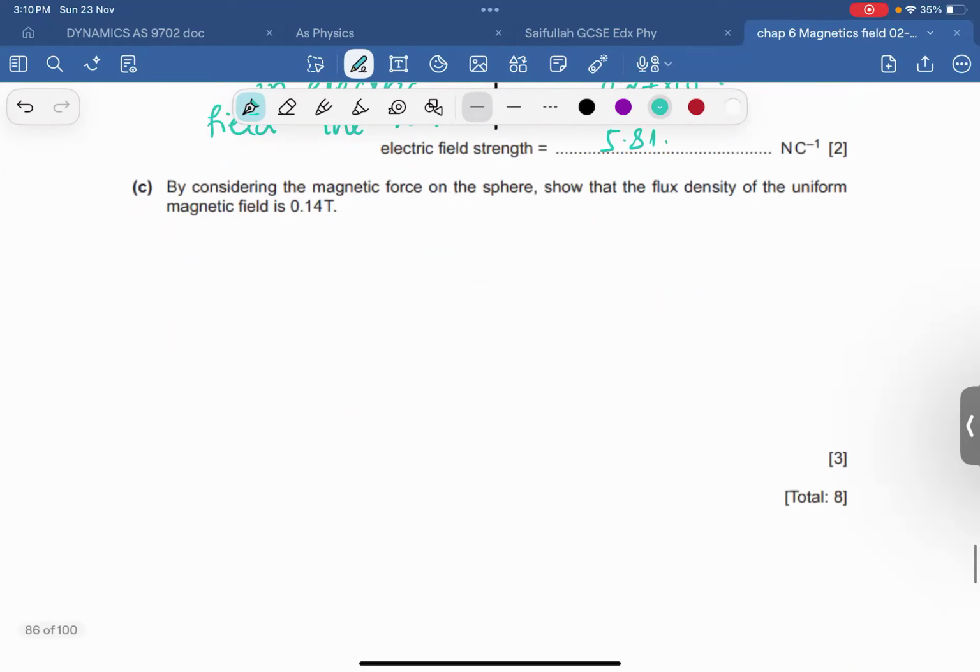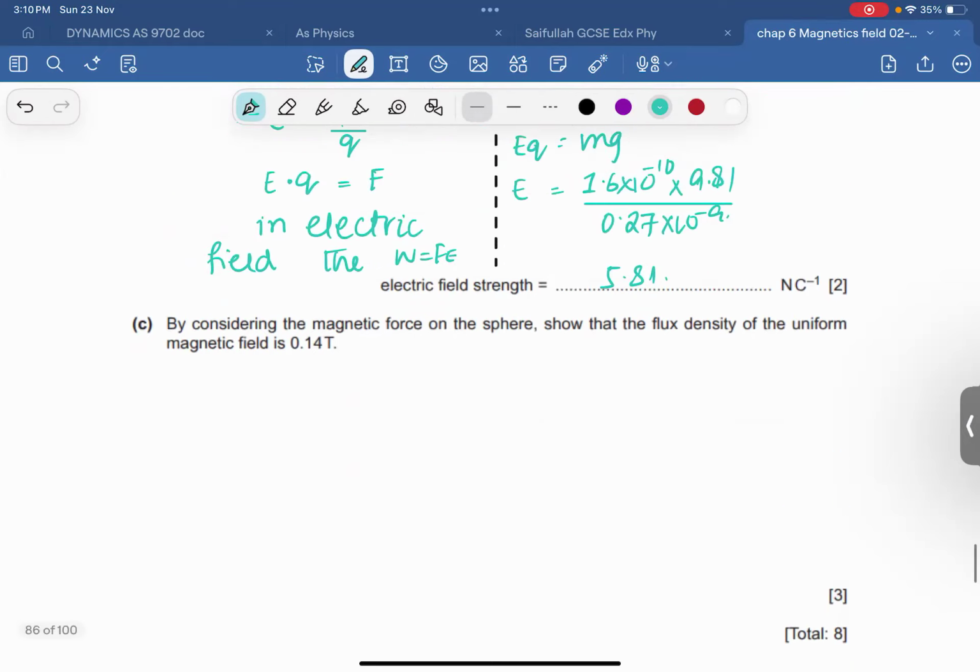By considering the magnetic force on the sphere, show that the flux density of the uniform magnetic field is 0.15 Tesla.